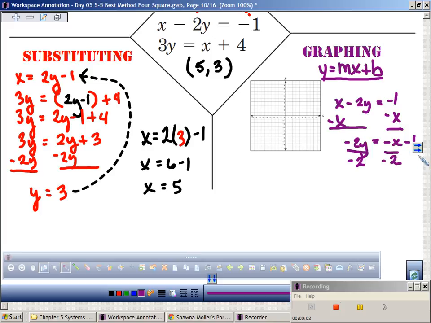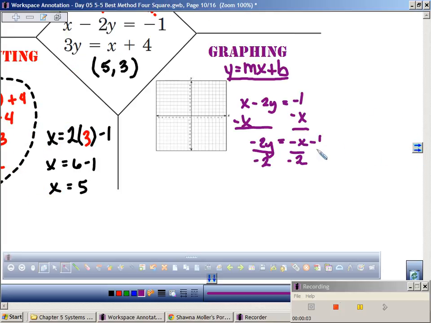Negative 2 though. So I can see this better. Divide everything by negative 2. Uh-oh. This doesn't look like it's going to come out very well. Y equals, this is in simplest form, so I have to pull that fraction out in front of the x, so 1/2 x, and this becomes positive 1/2.